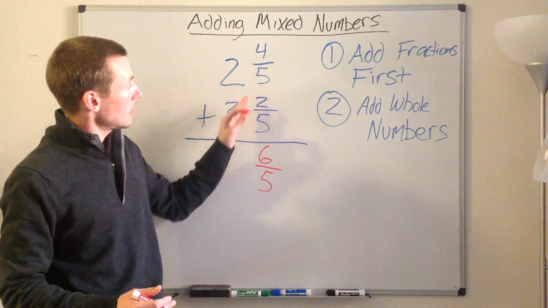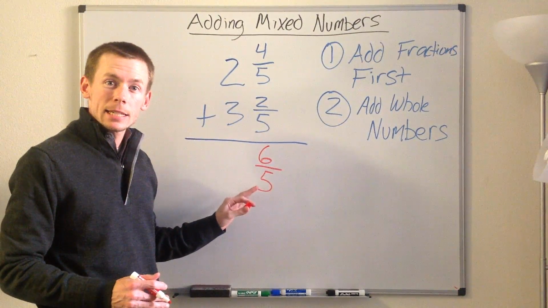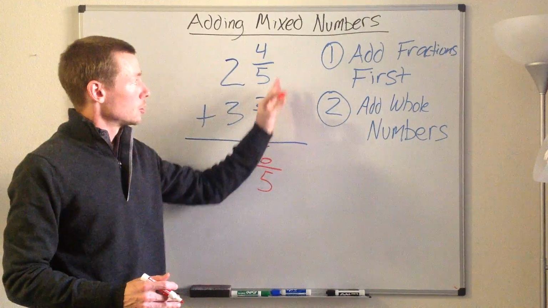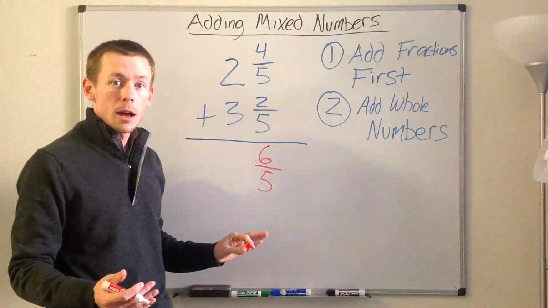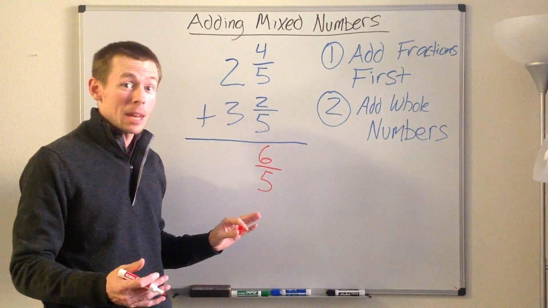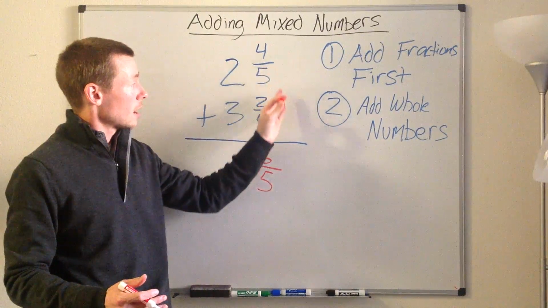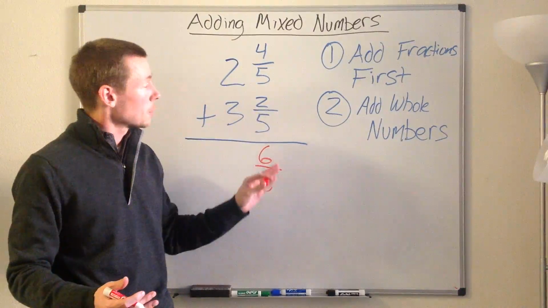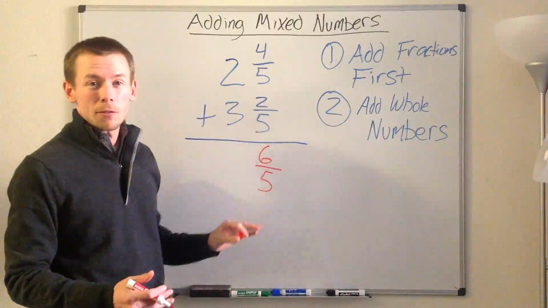So when we're adding mixed numbers and when we add the fractions first, we want to see if we get a mixed number, and that's why we want to add the fractions first. Sometimes you won't, and therefore it technically wouldn't have been necessary to add the fractions first, and there still are other ways to do this without adding the fractions first, but I think the most efficient way is to add the fractions first.